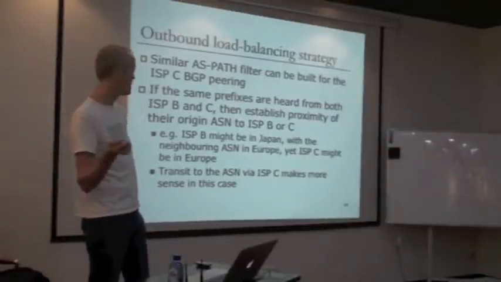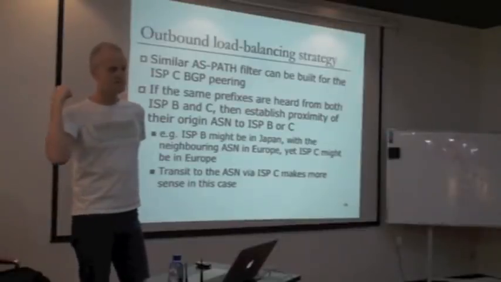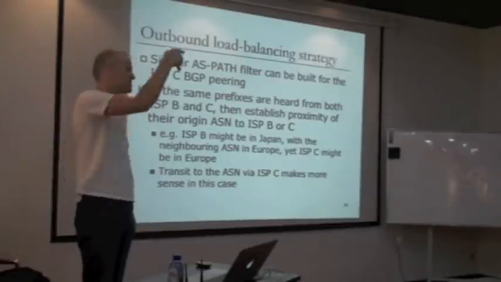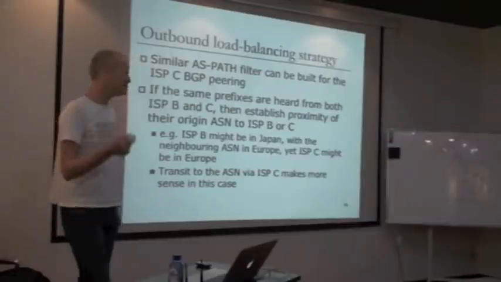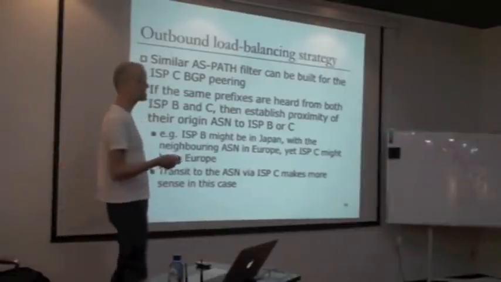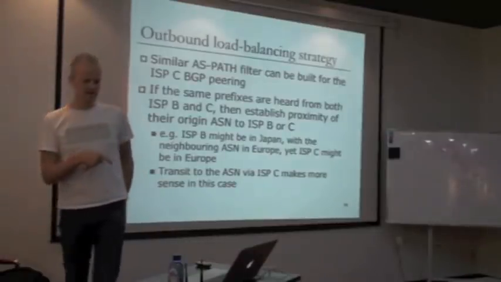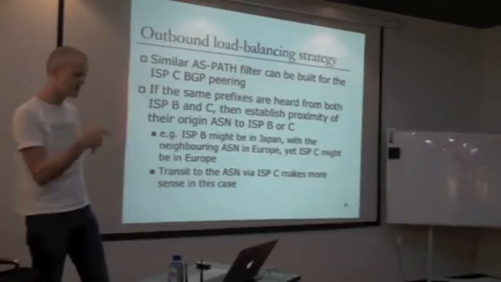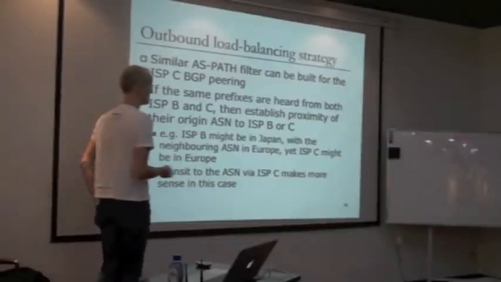Like NTT, AS2914, they're present in Hong Kong, Tokyo, Los Angeles, Frankfurt. So wherever you connect to them, it will appear that they're always the closest. So it might seem that their Hong Kong customer is next door to them in Frankfurt. So you need to be a little bit intelligent about where you're connecting and which ASs you're accepting or discarding.